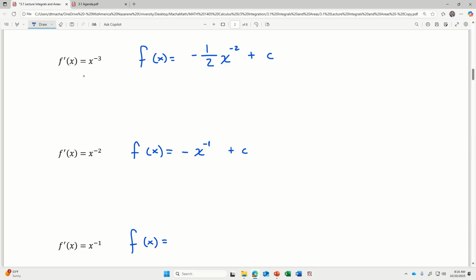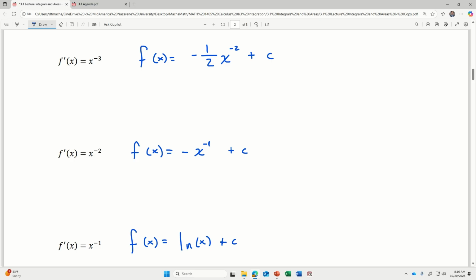The answer here is on your common derivatives page. Kyle? Natural log x? There you go. Yeah, the derivative of natural log is 1 over x. Yeah. A little bit of a trick question.